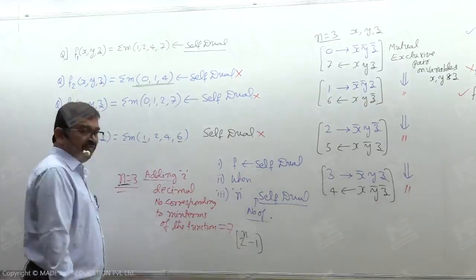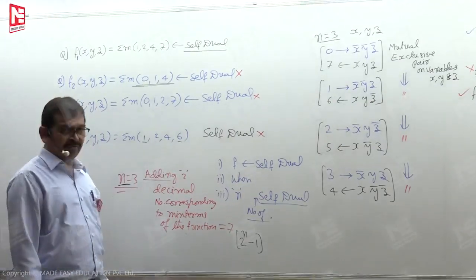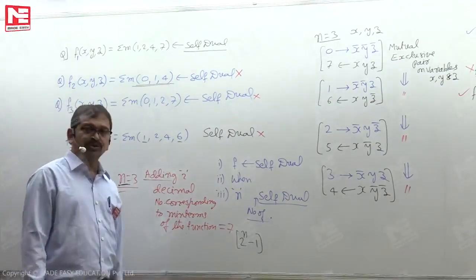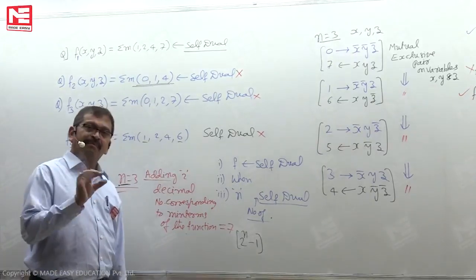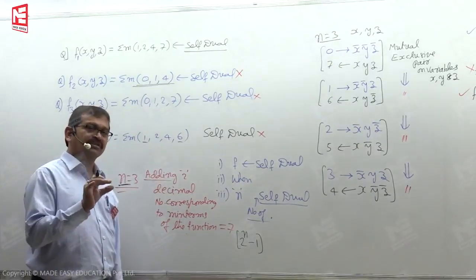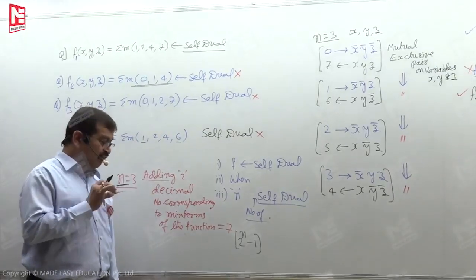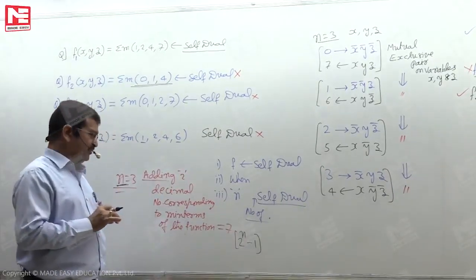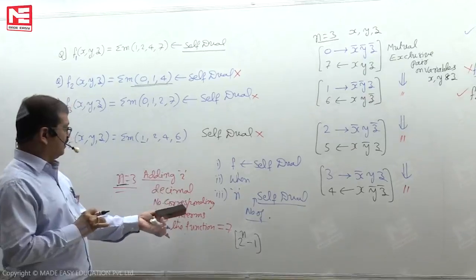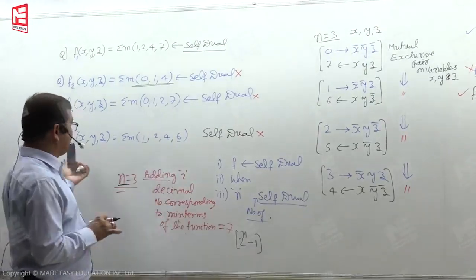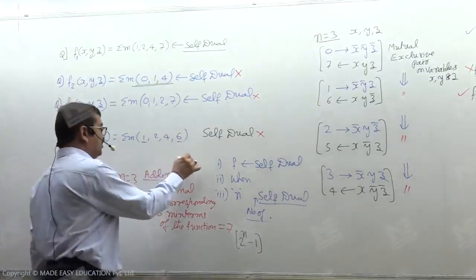In general, for the n variable case, for 2 variables, 4 variables, 5 variables, the check is: while adding two decimal numbers which are minterms of the function, if the result is 7, the function is not self-real.